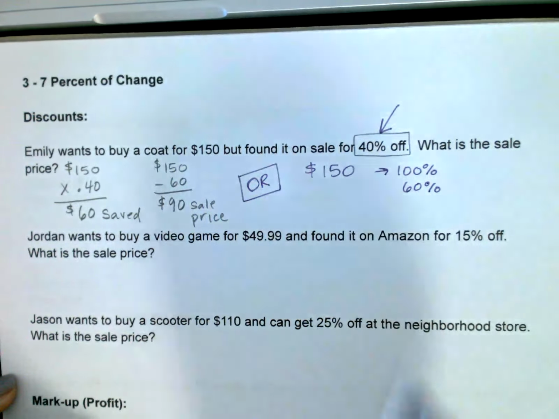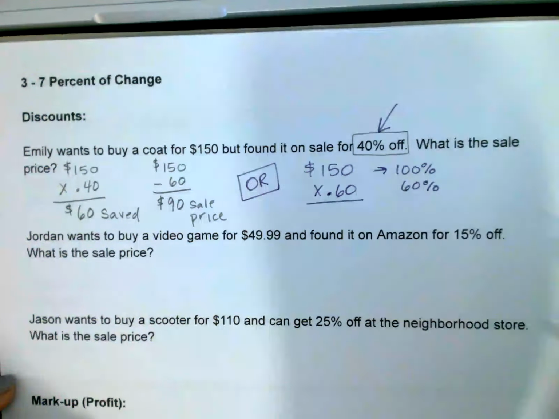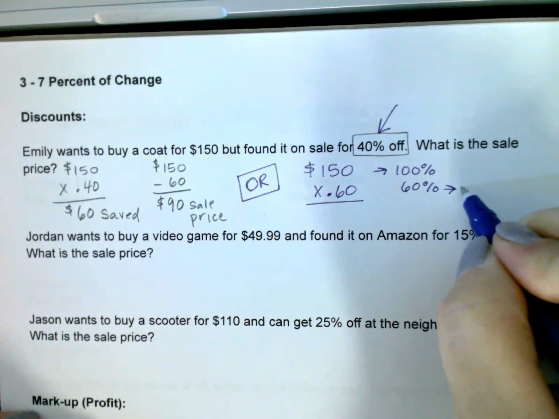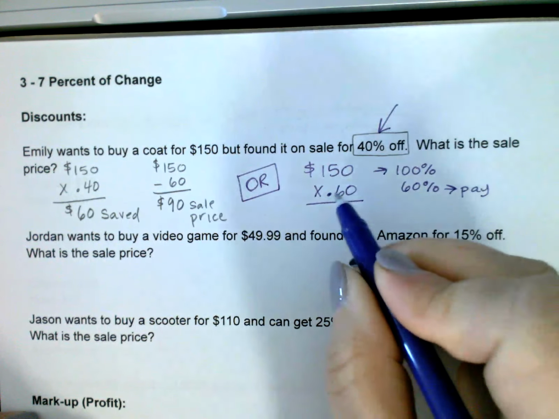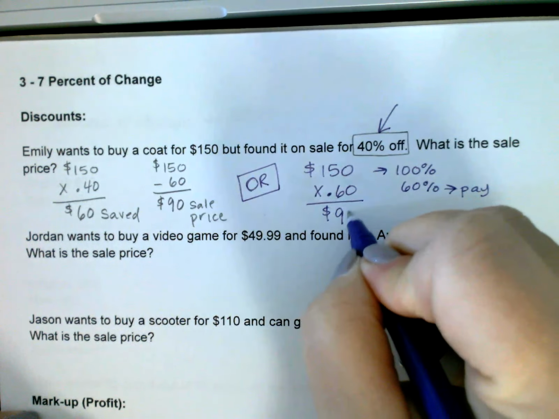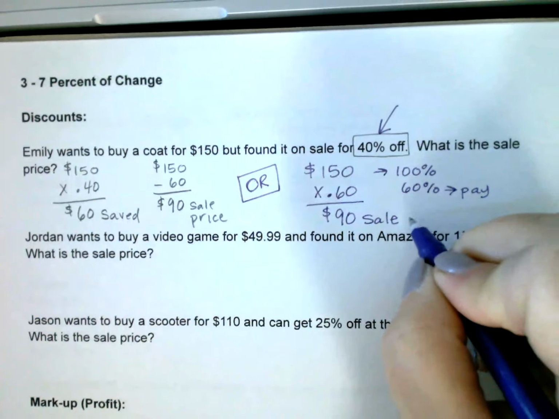So if I take 150 times the percent they're asking me to pay, they're giving me 40% off, meaning the customer doesn't pay that, or Emily. If I am then responsible, this is how much I need to pay. If I take 150 times 0.60 for 60%, I immediately get the sale price. That is what I have to pay.